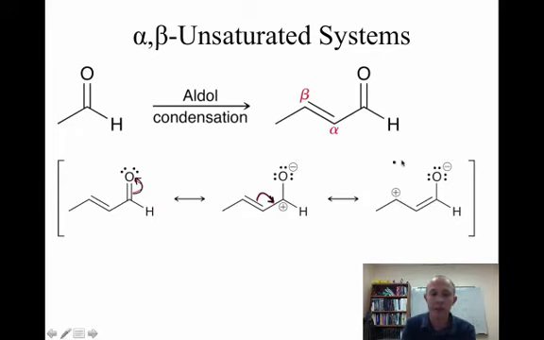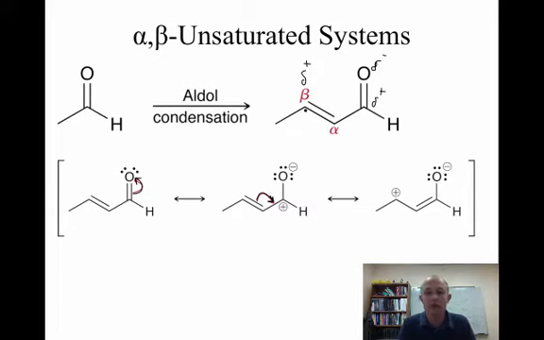So notice that if we combine all these resonance structures together, we get a partial positive charge on this carbon, a partial negative on this oxygen, which we've always seen for all reactions of ketones and aldehydes. But since we have this third resonance structure, then not only is this carbon electrophilic, but also the beta carbon of alpha-beta unsaturated ketone or aldehyde can also be electrophilic.